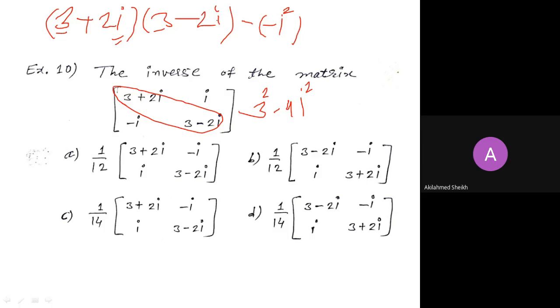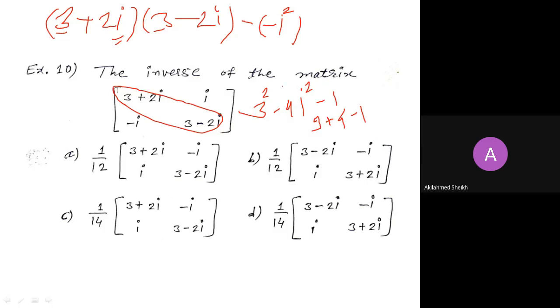Then this is minus minus plus, i square is minus 1, so it becomes minus 1. Now 3 square is 9, this i square is minus 1, minus minus plus 1, it becomes 4, and this is minus 1.